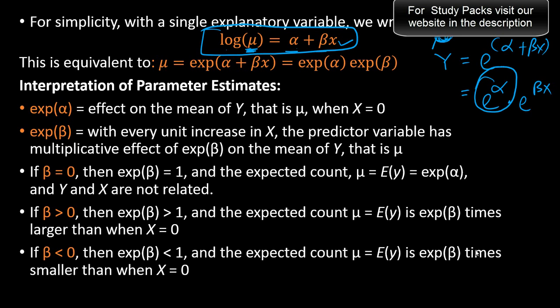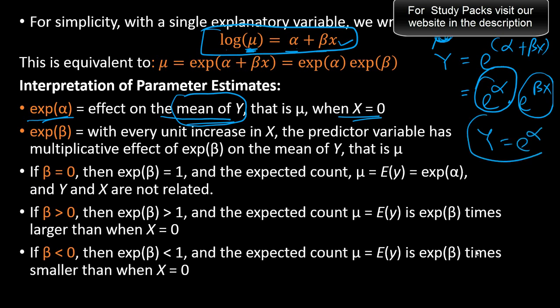Exponential of alpha is the effect on the mean of y. Remember, this is the mean of y, not y itself, because we are modeling the average occurrences when x equals 0. When x is equal to 0, this becomes 1, right? That means your expected value is nothing but e to the power alpha. So that's exactly the interpretation.